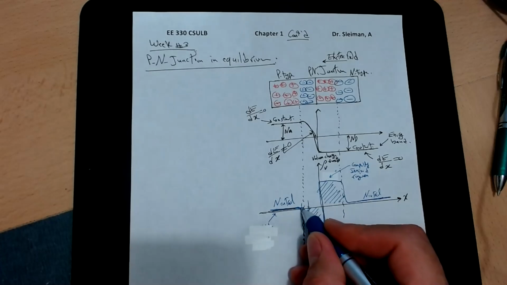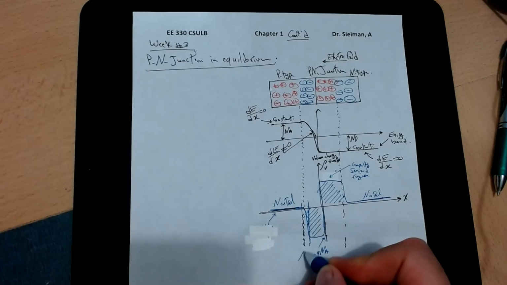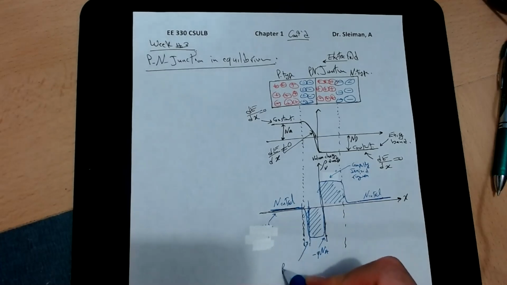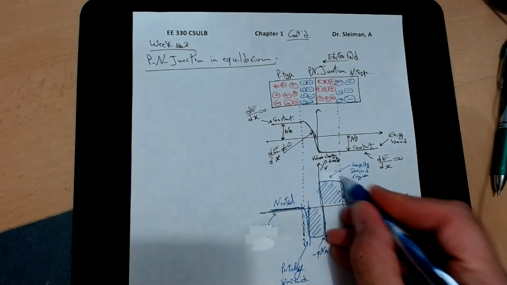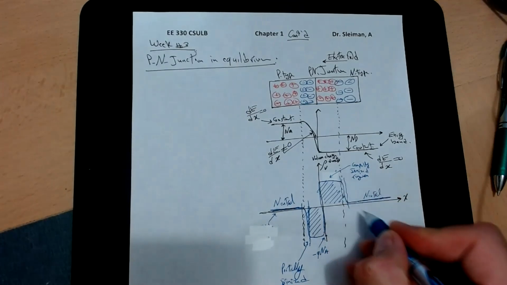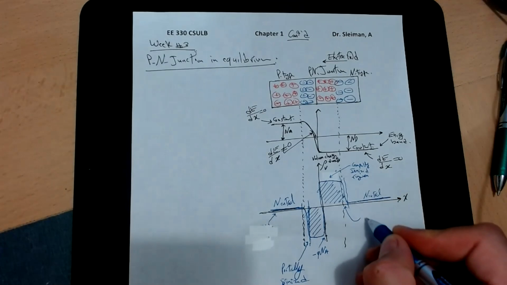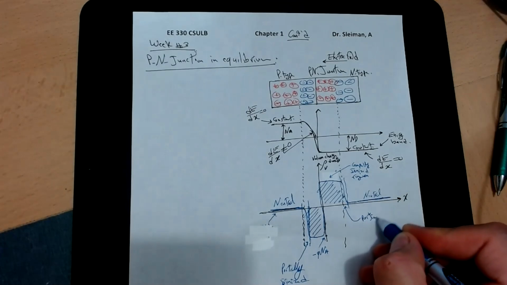In this region here, we can call it partially ionized. Also on this side, this is the partially ionized region.